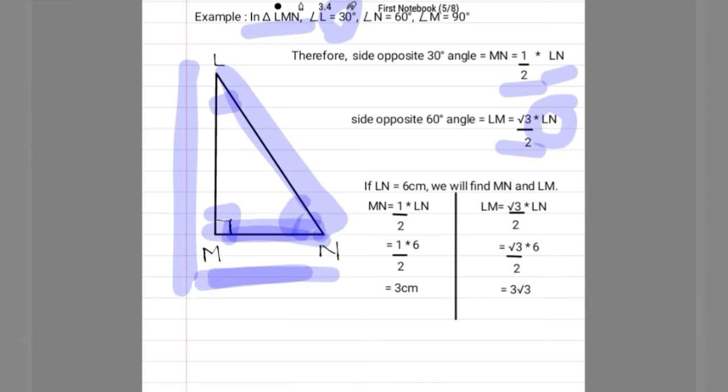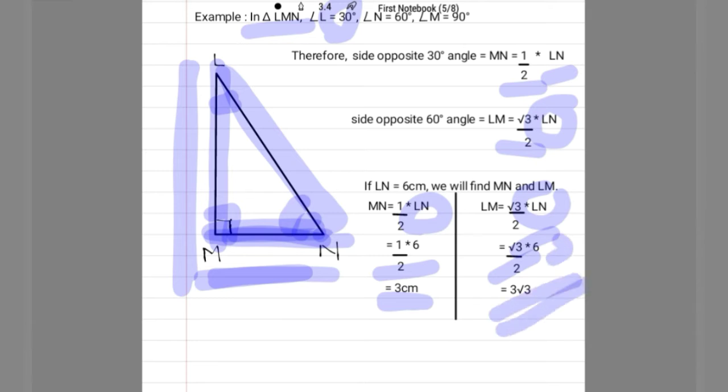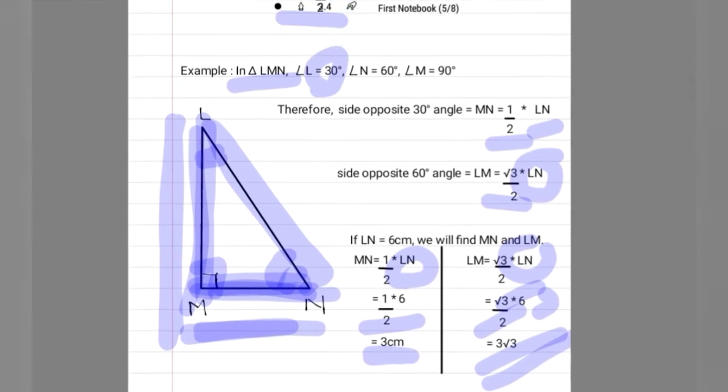MN is the side opposite to 30, so it is half of the hypotenuse. And the next thing is LM. It is √3/2 of LN, the hypotenuse. So we get √3/2 times 6, and the 2 and 6 get cancelled by 3, so 3√3. This is the value of LM. So this is how we have to use this property, and it is easy.